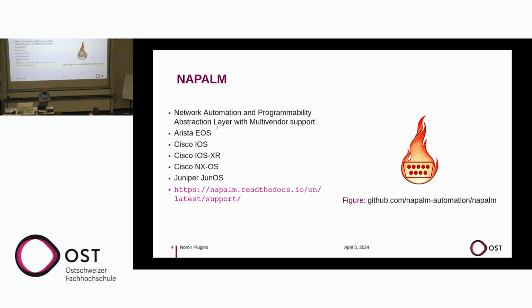NAPALM, I like the name first of all, and the name was there for a reason, because working with network devices, sometimes you have the motivation to just destroy the whole infrastructure. So if you want to fire napalm on something, yeah. The goal behind it is to have an abstraction layer.